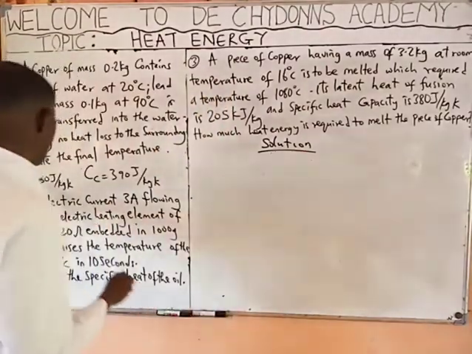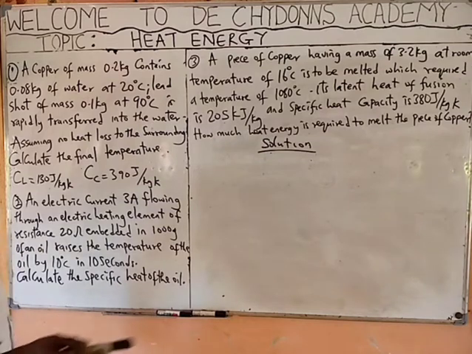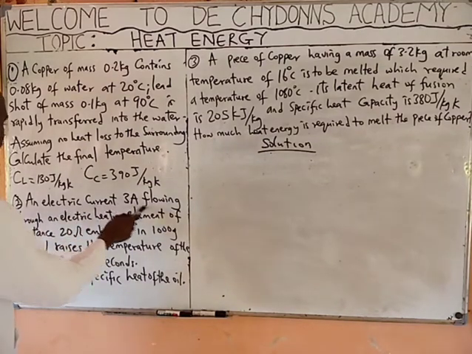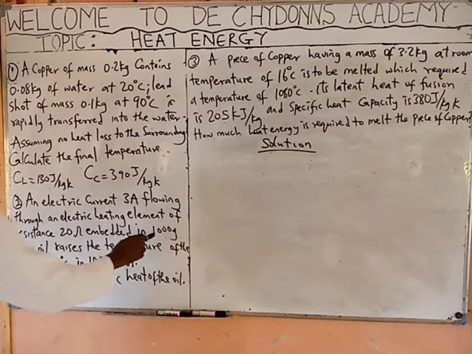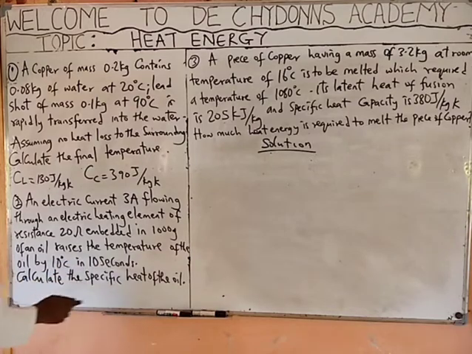Now in this question number 2, the heat is supplied by electrical method, and that is why they say an electric current 3 ampere flowing through an electric heating element of resistance 20 ohm embedded in 1000 grams of an oil raises the temperature of the oil by 10 degrees Celsius in 10 seconds. Calculate the specific heat of the oil.